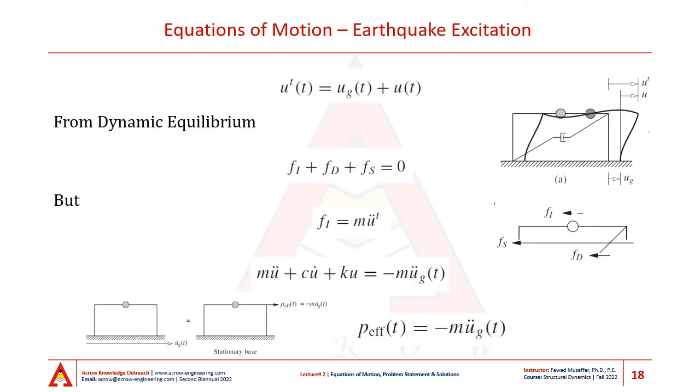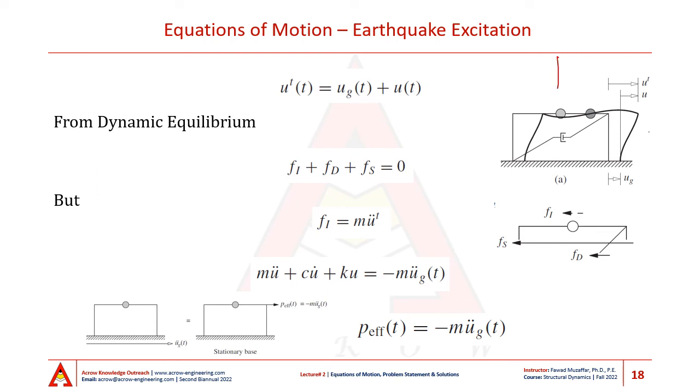Next, consider a scenario where our single-story frame element is subjected to ground shaking and is not under application of any lateral force. Now, a few slides back, we had noticed that for this system, we need to establish a stationary frame of reference before we can write the equation of motion for this system.